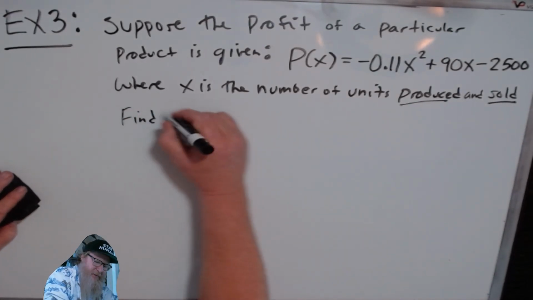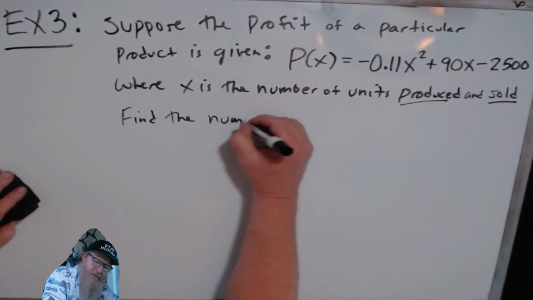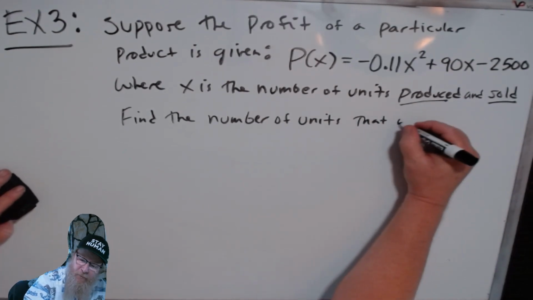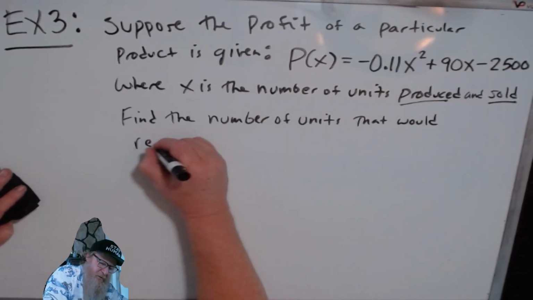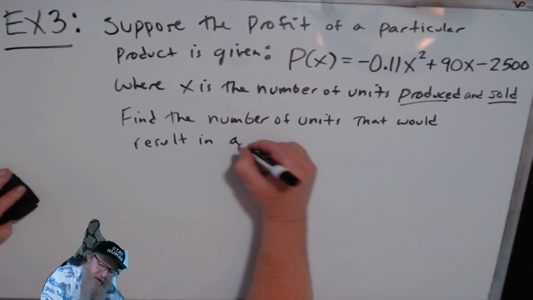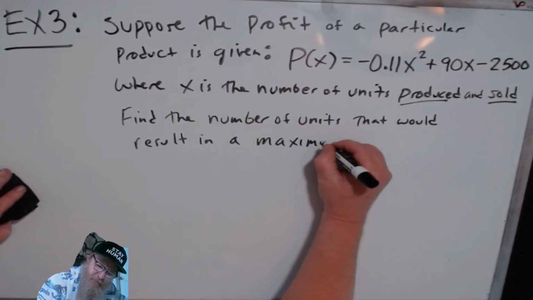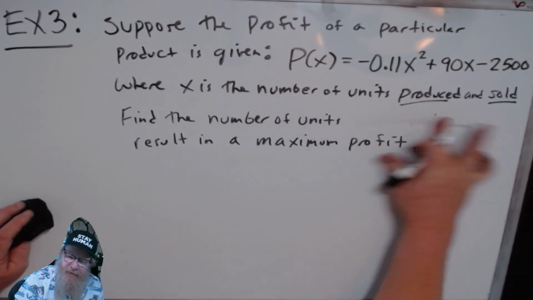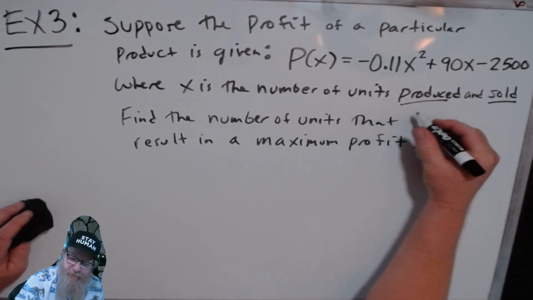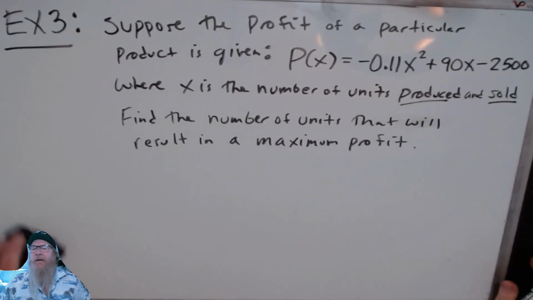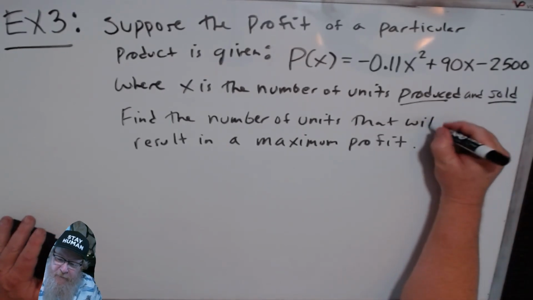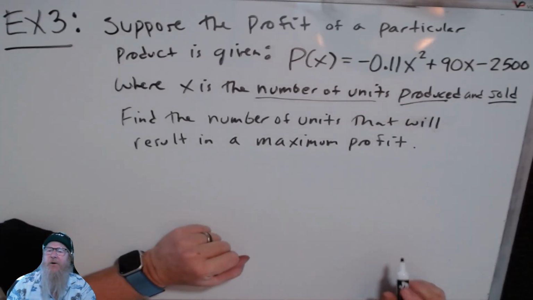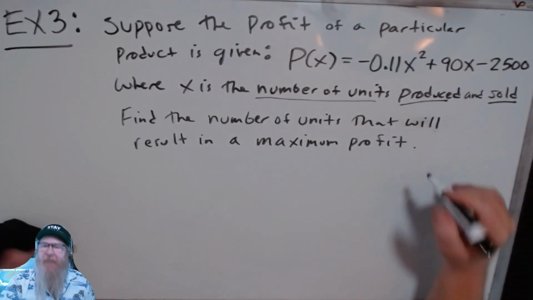Find the number of units that would result in a maximum profit. So again, number of units produced and sold, that will give us the maximum profit.